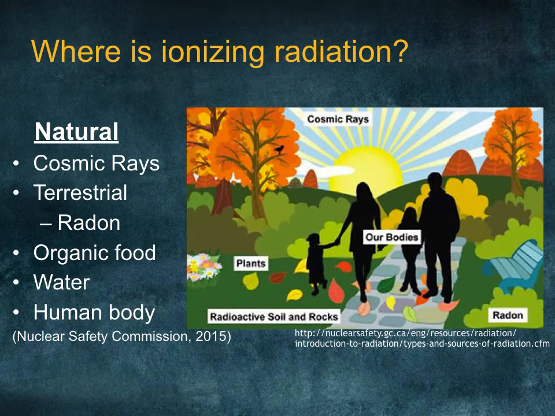There are also trace amounts of radioactive minerals in the organic foods we eat and the water we drink. Because most of our foods are cultivated in soil, which contains radioactive minerals, we become exposed to this natural radiation when we eat. Lastly, our body contains several radioactive isotopes, so we also emit minute levels of ionizing radiation.